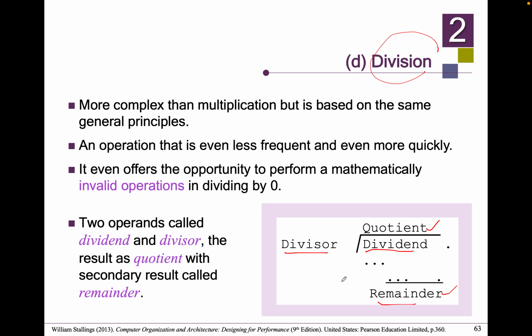For the multiplication, you only have a product, right? But for the division, you have a quotient and also a remainder. So you can see the two operands we call the dividend and divisor. The result is the quotient, with the second result called the remainder.